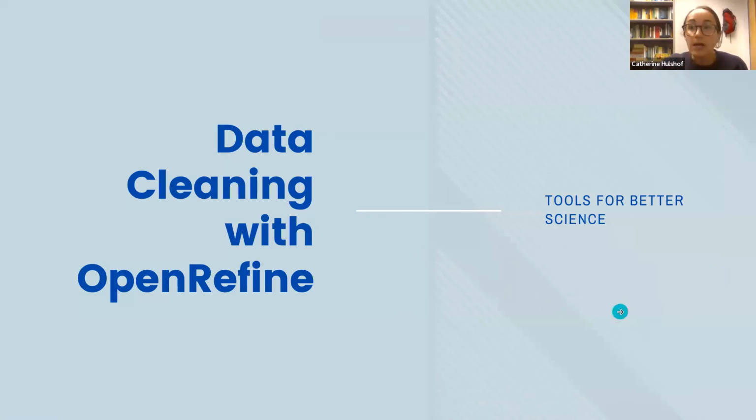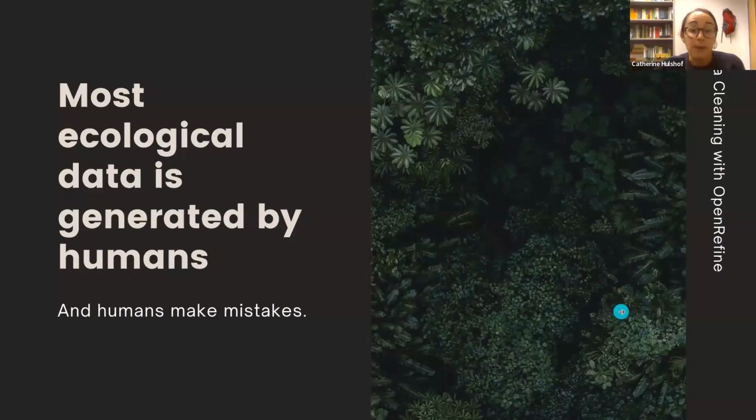So most ecological data is generated by humans, and we make mistakes, right? Which is why a major part of the data workflow is preparing the data for analyses. And a lot of this involves data cleaning, where errors in the data are identified and corrected, or formatting made consistent.